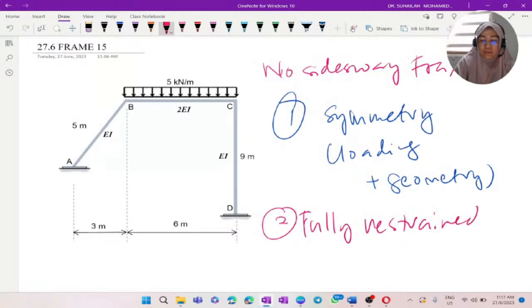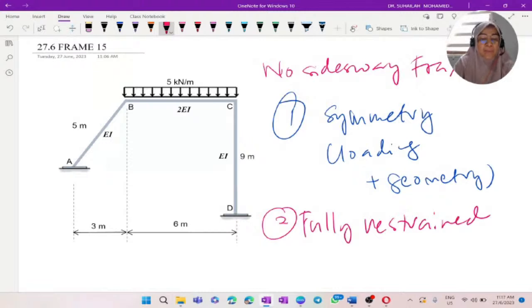Sidesway means the frame tends to move to the right or left direction, depending on the loading and due to geometry as well.